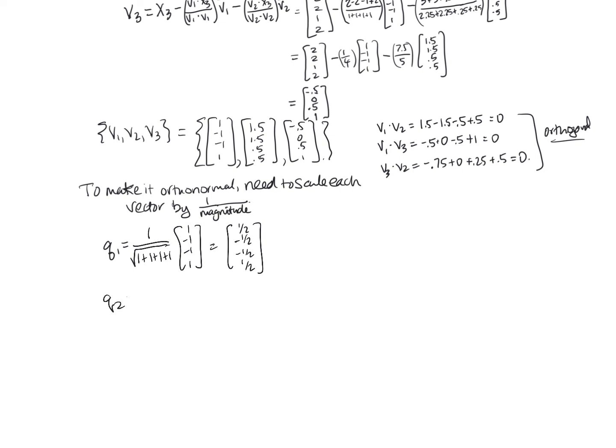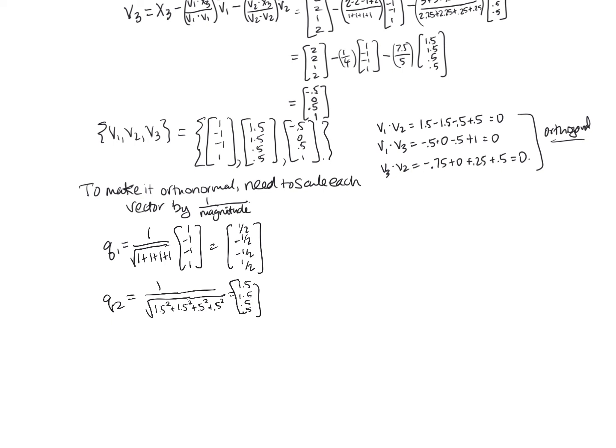And Q2 is going to be 1 over the square root of, oh gosh, okay. So I'll have 1.5 squared plus 1.5 squared plus 0.5 squared plus 0.5 squared, and it's going to be multiplied by v2. If I do that, that gives me 5.